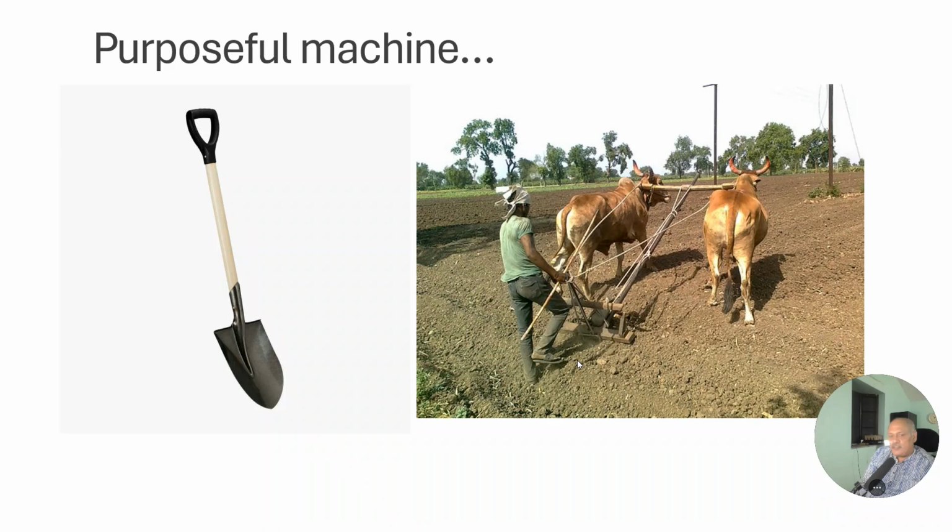One of the things which we need to observe is that we develop purposeful machines. So if I develop a spade, if somebody invents a spade, it has got certain very clear purposes. If I invent a plow, there is a very purposeful machine out there which gets invented.